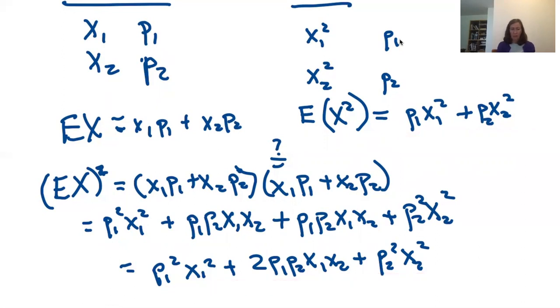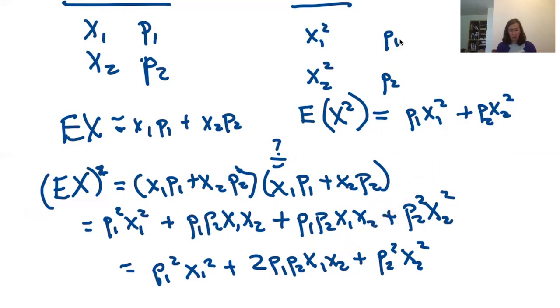In fact, the more we look at them, the more we might think, yeah, they're probably not the same. For one thing, we've got this complicated term that depends on p1, p2, x1, x2 all together in the expression for the expected value of x itself squared. Nothing like that up here, right?